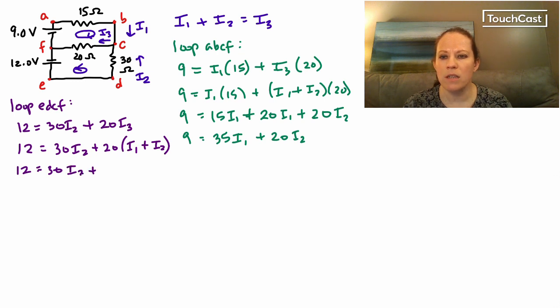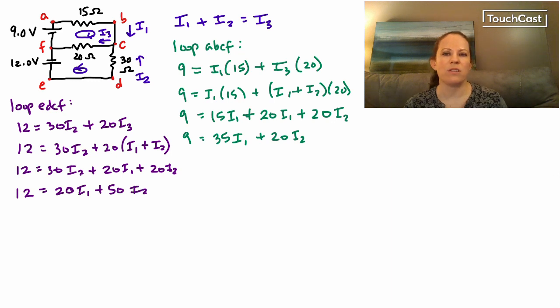Distribute that 20. So I get 20 I1 plus 20 I2. And I have 20 I1 plus 50 I2.